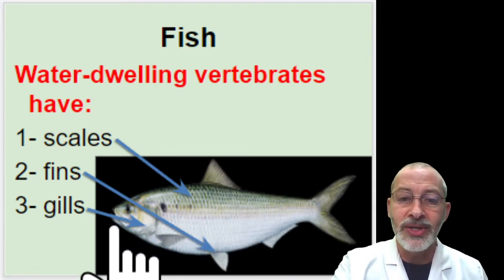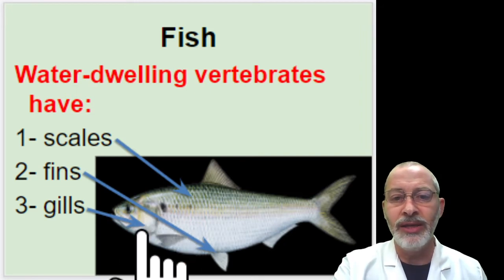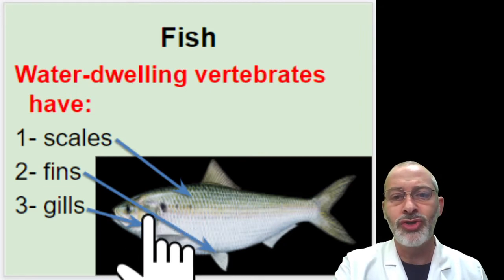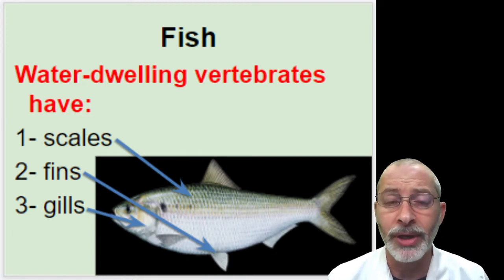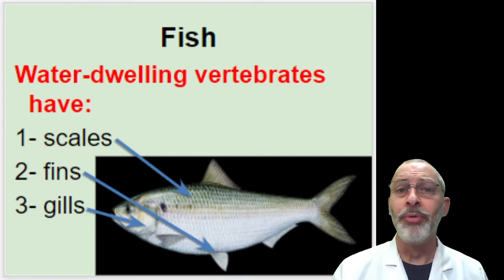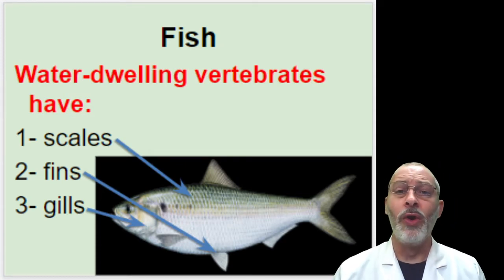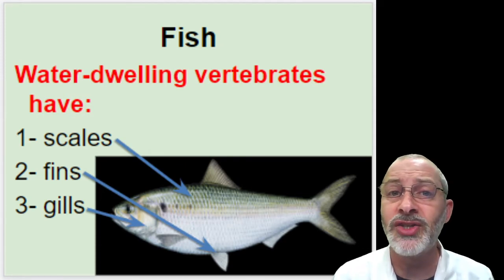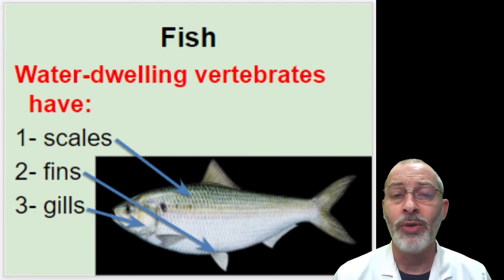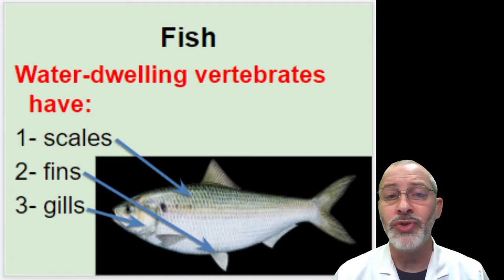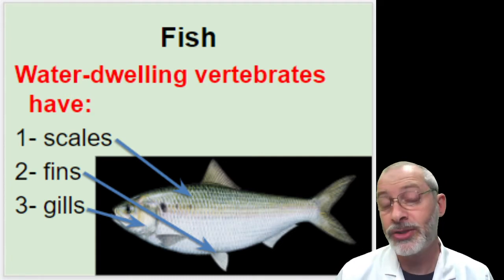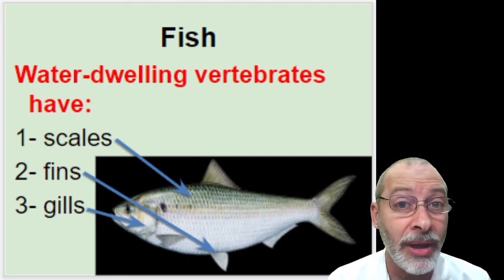And the gills, as we mentioned yesterday, are the structures that enable fish in particular, but other organisms as well, to breathe underwater, or remove the dissolved oxygen from the water in order to breathe. They are analogous to our lungs. So all fish have those three characteristics. That's what they have in common.